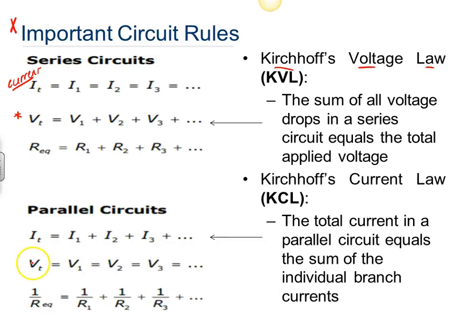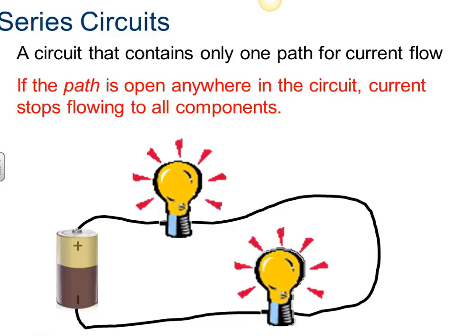And for voltage, the voltage is the same everywhere. And for resistance, we've got a reciprocal arrangement where 1 over the equivalent resistance is equal to the sum of the reciprocals of the resistances. And this will show up better in a slide where we're actually going to do some calculations. So let's go to some calculations.